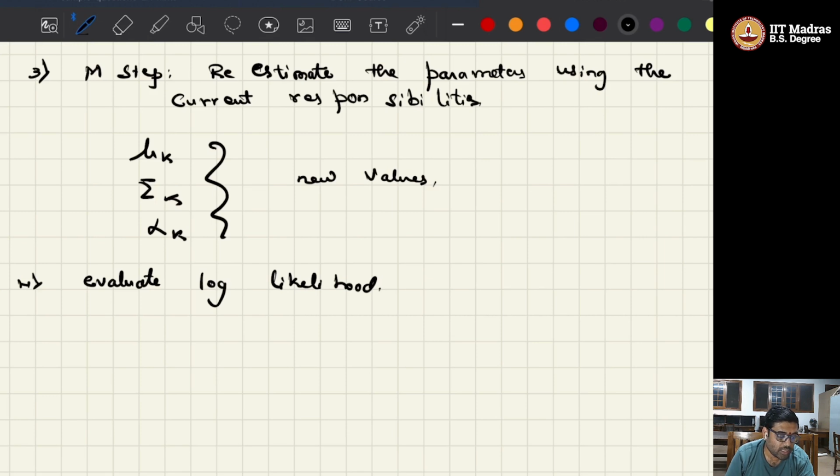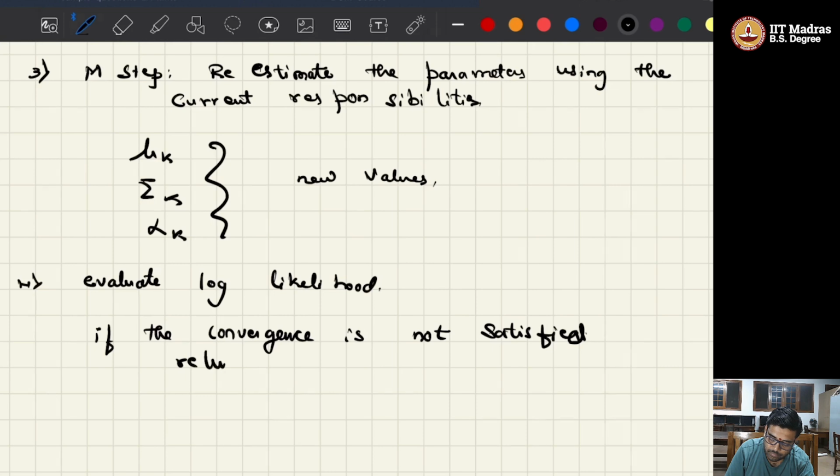Now, if you are not satisfied with the convergence, if the convergence is not satisfied, return to step 2.